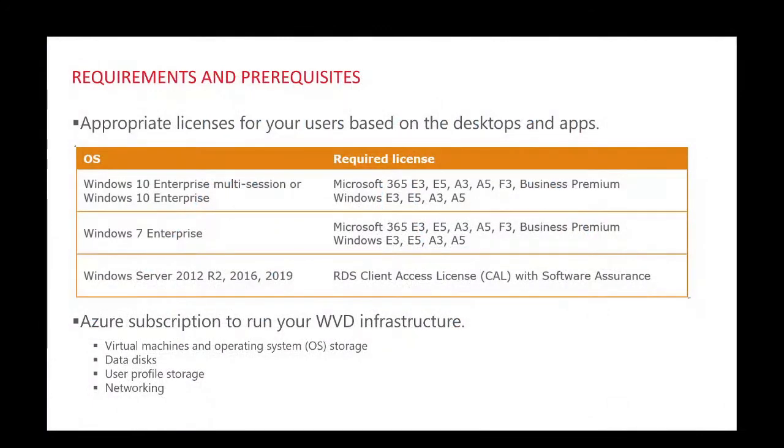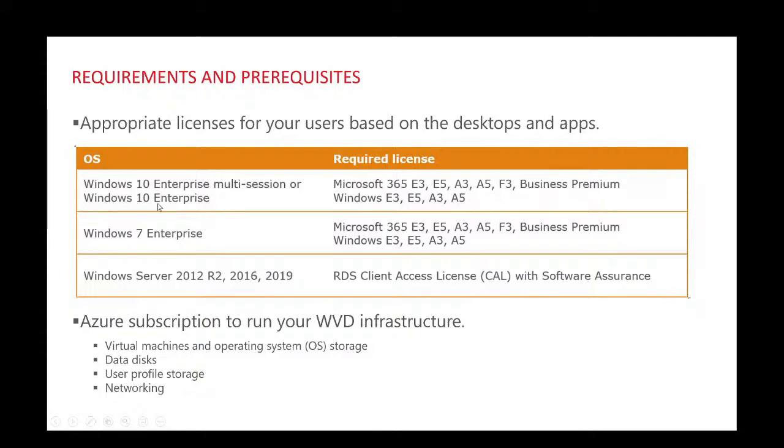And if you look at the requirements and prerequisites in order to use Microsoft Virtual Desktop infrastructure, you need to have at least one of these licenses. If you are using Windows 10, you need to have Microsoft 365 E3, E5 or A1, A3, A5, F3, or maybe Business Premium licenses.